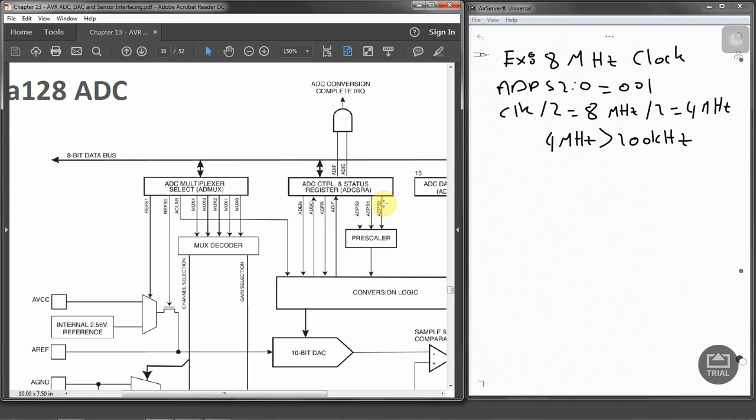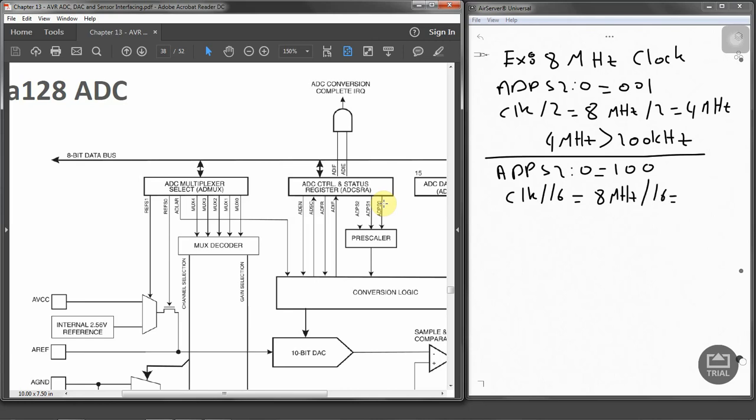This is not a valid prescaling. Let's try another one. Let's say we have ADPS 2 down to 0 as 100, and this will give us clock divided by 16. So 8 megahertz divided by 16 will actually give us 500 kilohertz.